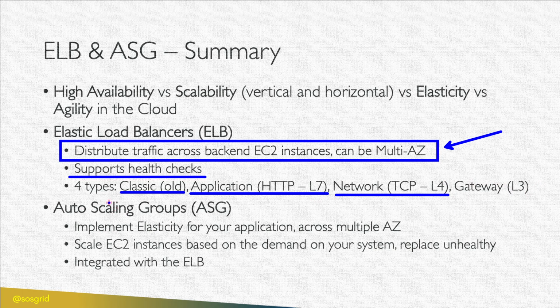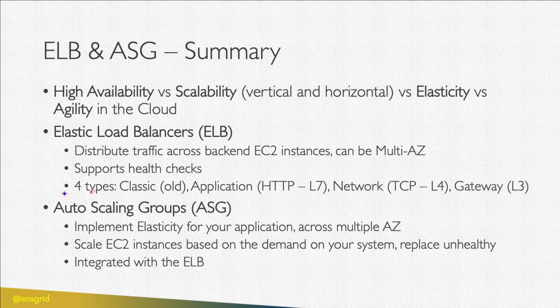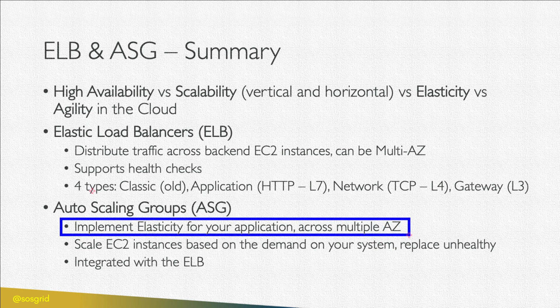And lastly, we discussed what an auto scaling group is. Auto scaling group is just a concept of the cloud which allows your application to have multiple EC2 instances based on the demand, and it can also be across multiple availability zones.